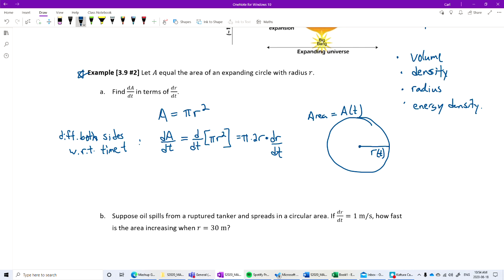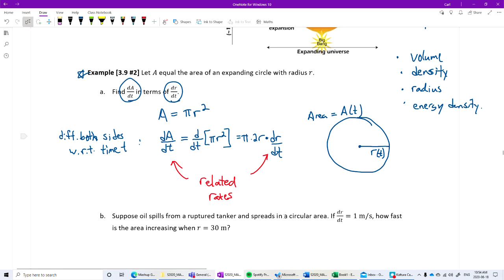Differentiating both sides. Have I found dA/dt in terms of dr/dt? Yeah, I have the derivative of A expressed in terms of the time derivative of r. These are called related rates. That's why it's called a related rates problem.